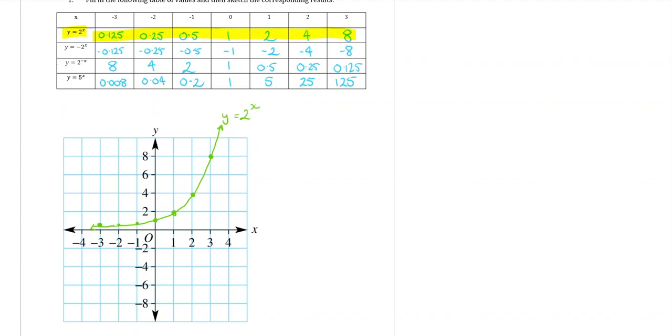Okay, moving on to the second row of our table. Our first value at -3 is -0.125, which is below. And so it's basically symmetrically reflected over that x-axis from the last one.